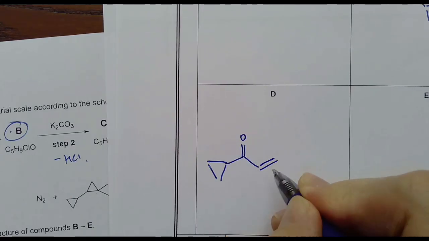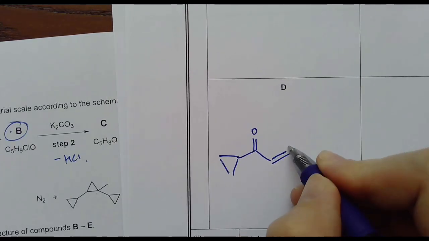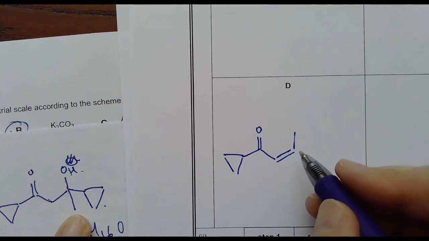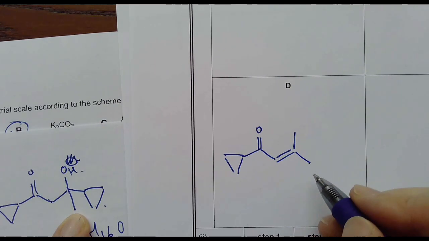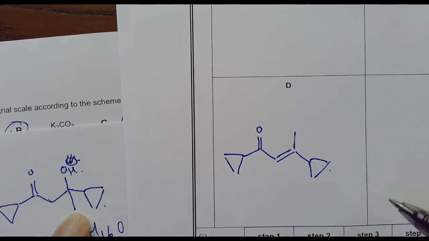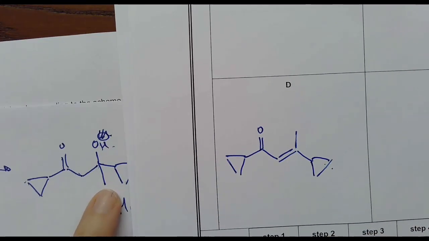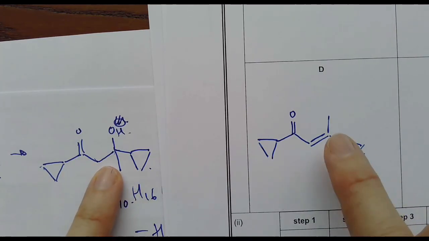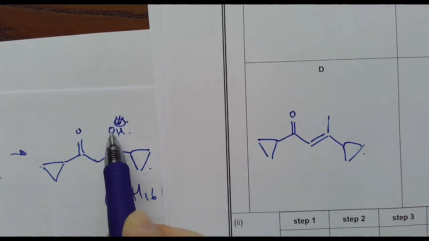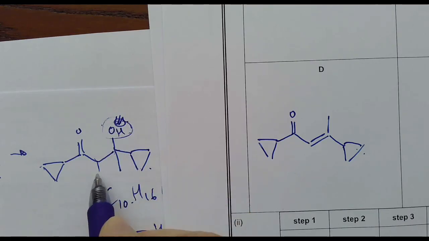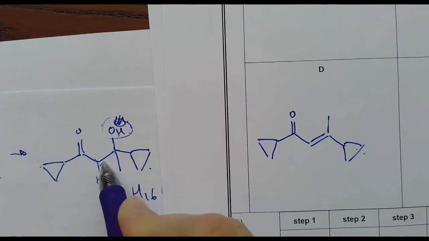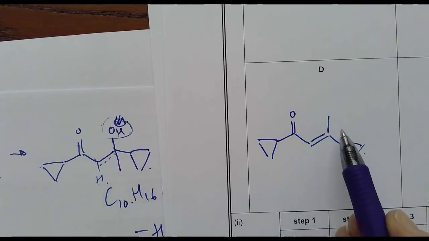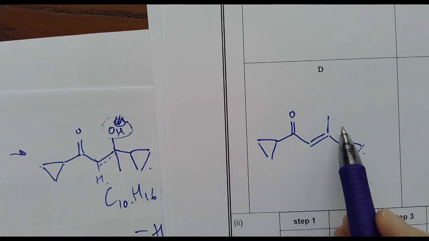When I remove the alcohol I get the double bond. The difference from here to here is just that I removed that OH, I've removed that H, and I've made the double bond here, and to make it neater, I've moved this methyl up to the top here.